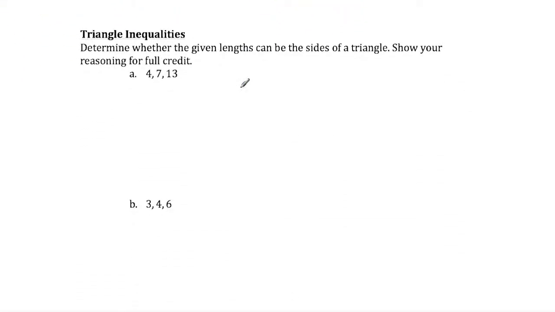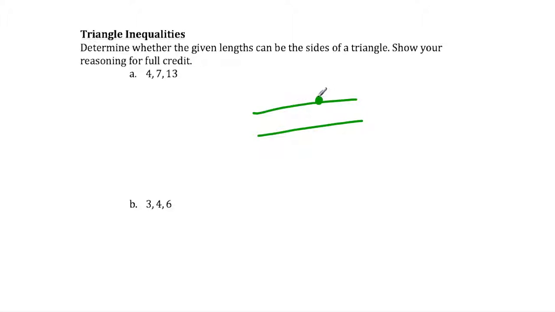Now, triangle inequalities are what can be a triangle. So if you have two segments that are equal, and let's say I cut this one into two parts. They're still equal.